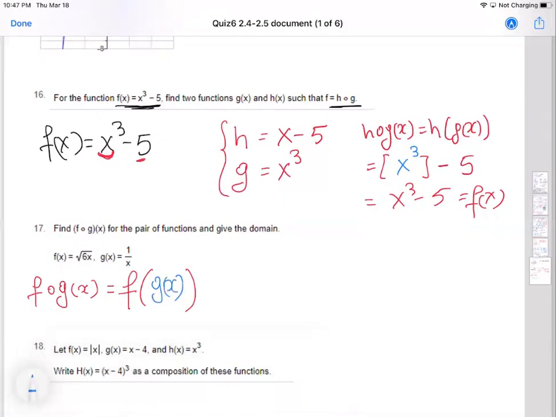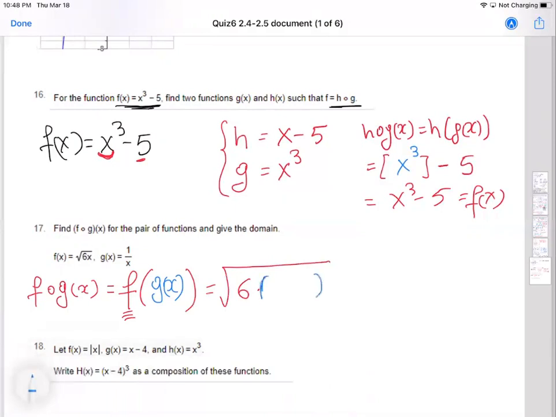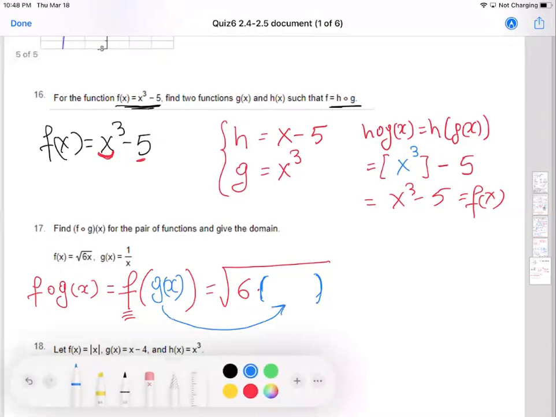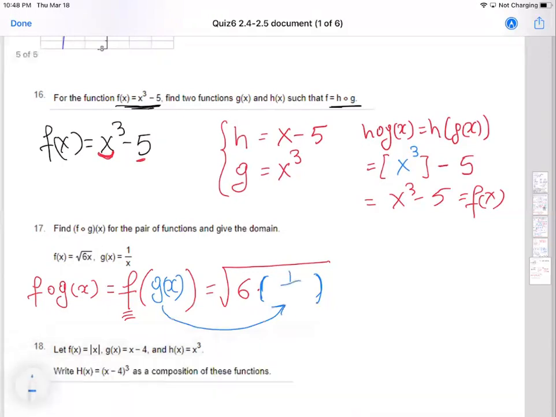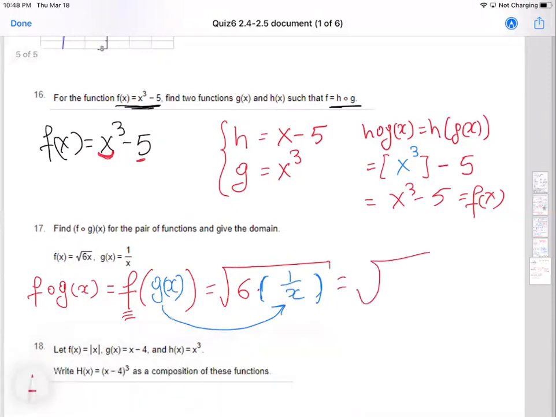So g of x is inputted into f, equals, so we start with f, and f is the square root of 6 times x, now keep the place value because I have only x to put in there, and instead of x, I'm going to input g of x, and g of x is 1 over x. So this equals the square root of 6 over x.